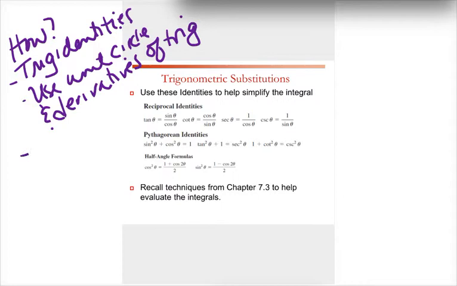We're going to use the techniques that we learned in 7.3, and as always, we're going to use our algebra to keep things as simple as possible.